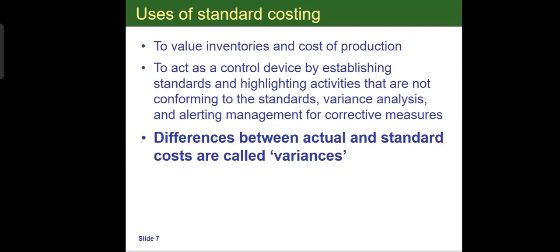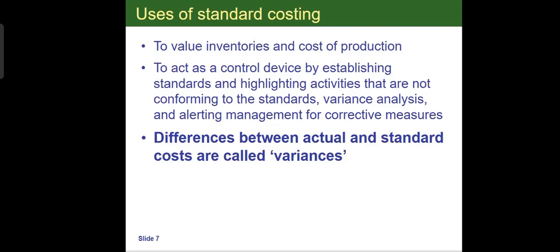So when you said that I spent $33,000, based on our standard, it should have been $30,000. You spent $3,000 more, and that $3,000 more is our variance, and we need to analyze the variance. We call it variance analysis. You spent 3,000 more. It does not stop here. We need to find out why, or where the 3,000 was spent. Did we use more material, usage variance?